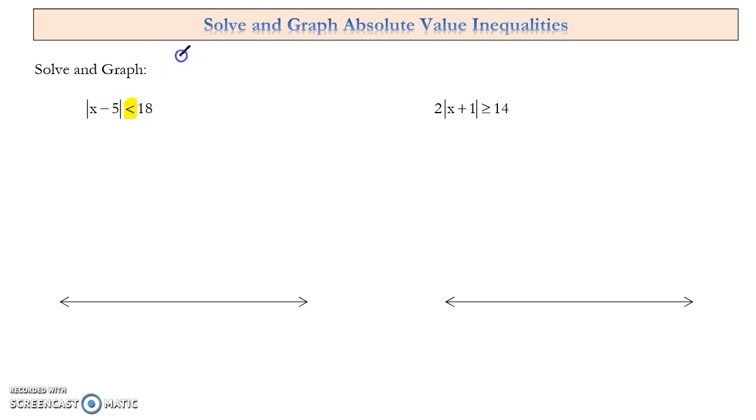And anytime we have a less than sign or a less than or equal to sign, those are going to be AND inequalities. And then on the other side, a greater than or equal to, and that's going to be an OR inequality. And that's for greater than or equal to, or just greater than.